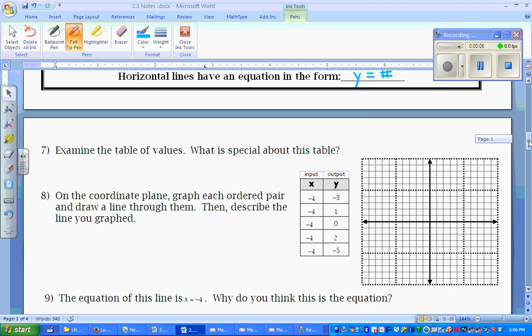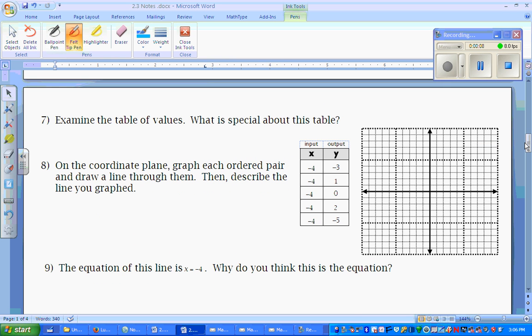The second side of our graph, again, I want you to examine the table of values and decide what is so special about this table, or what you are noticing that's different from the tables that we've seen so far in class. After you think about that, I want you to go ahead and plot the points.